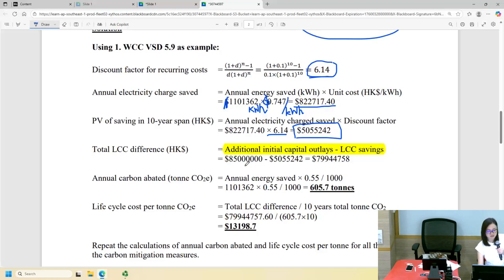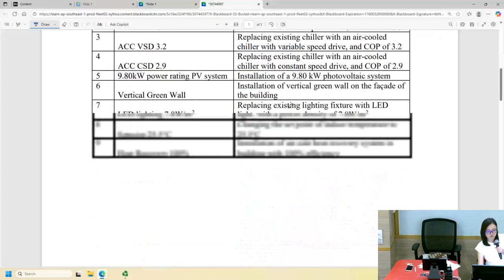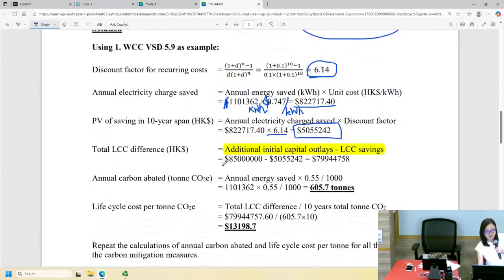And next, we have to pay for this installation, right? So the payment, the cost would be this one, okay, 85 million, and they are already the present value. So we don't need to use any discount factor. Okay, these are already the present value. So we have costs that you need to pay, and they are the present value, and you have the saving and also present value.